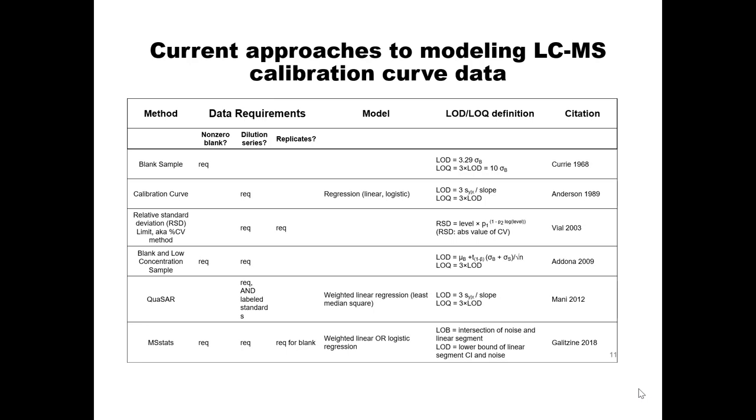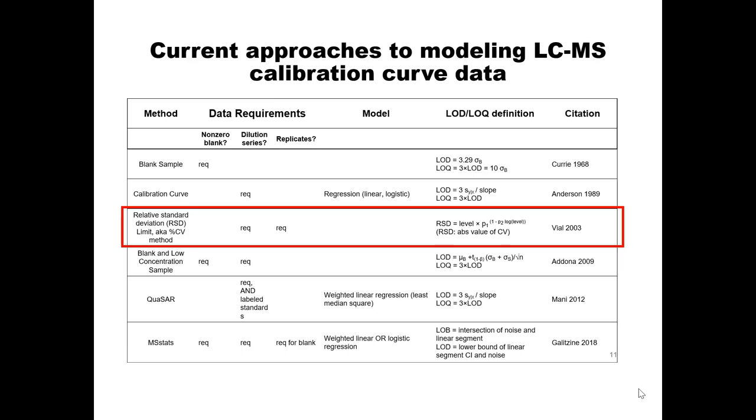I'm going to focus on a couple of these. One is going to be the %CV method, which I think is pretty common for our field. Some of the requirements in the data that this has are, one, that there is some dilution series, and two, that there are replicates of that dilution series, because to calculate a CV, you need replicates, right?